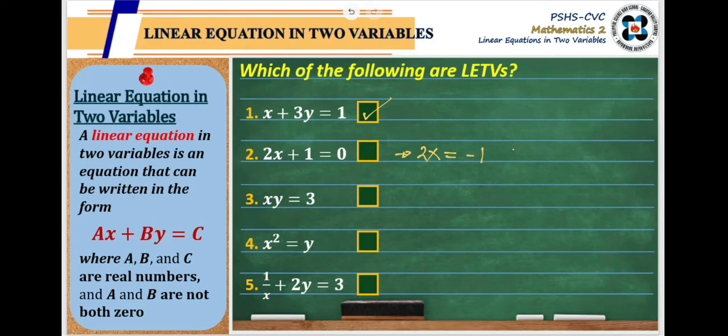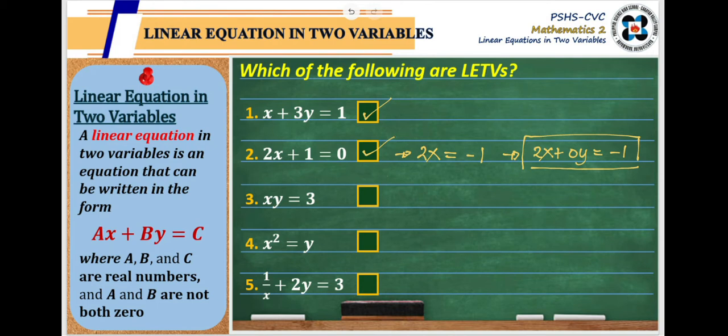Okay, because I want to isolate the constant. And I want to see the by term here, so I can also write it as 2x plus 0y is equal to negative 1. So since I was able to write it in this form, and a and b are not both equal to 0, then I can say that this one is also a linear equation in two variables.